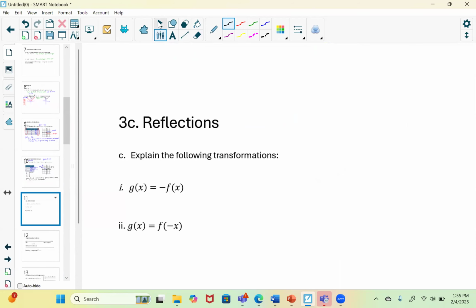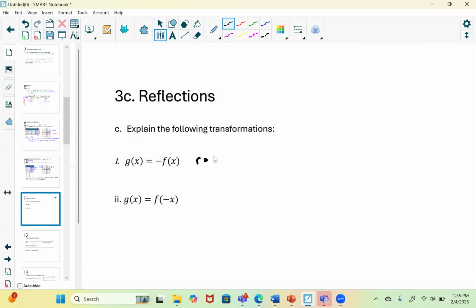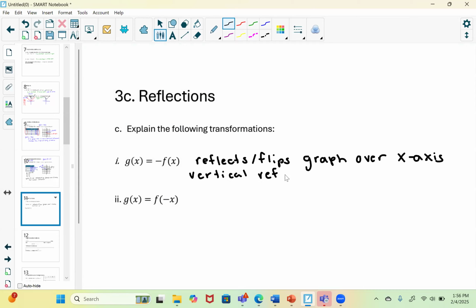Okay, so again, a summary. Explain the following transformations. If we have negative f of x, it reflects, flips the graph over the x-axis. And again, it's called a vertical reflection.